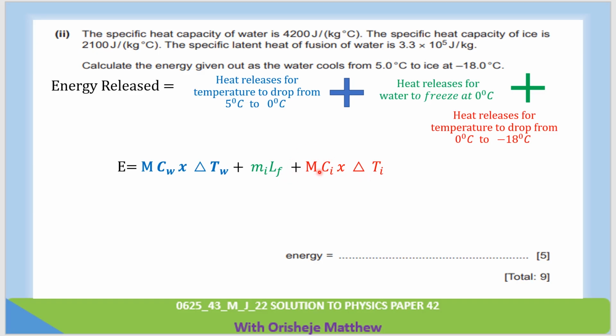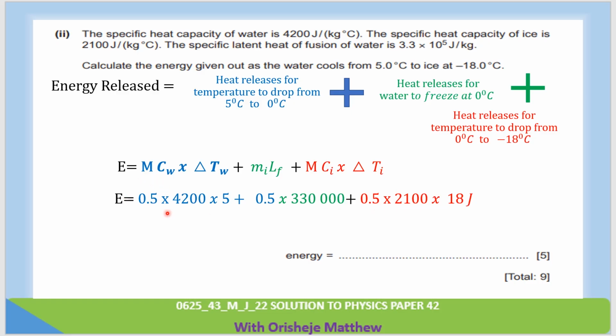Then specific heat capacity of ice times temperature change in the solid state, which is from 0 to negative 18. So here will give me 18. So substitute our values. So we have 0.5 times 4,200 times 5 plus 0.5 times 330,000 plus 0.5 times 2,100 times 18.